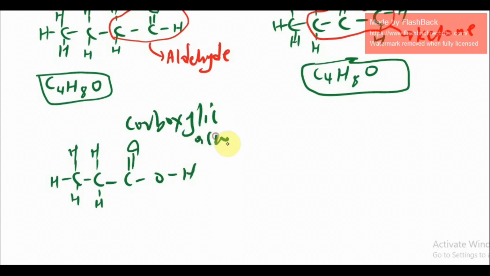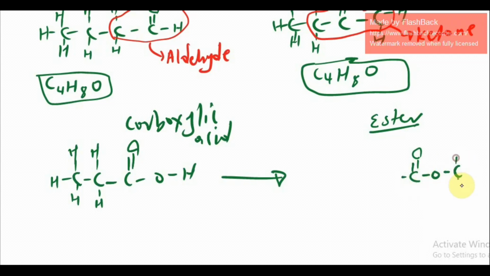The reason is that there is this OH, right? To write the functional isomer of this one, we need an ester. Remember, the ester has the functional group like this one.